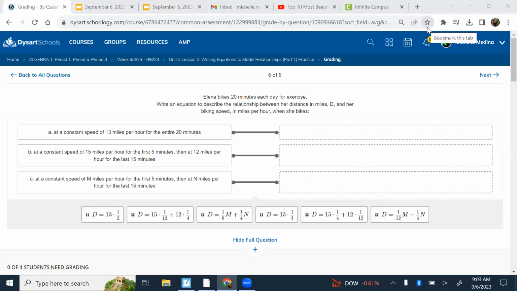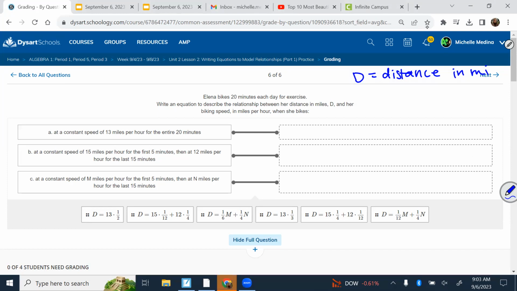All right, so we have Elena bikes 20 minutes each day for exercise, and we're writing an equation to describe the relationship between her distance in miles D and her biking speed in miles per hour when she bikes. So the variables it defines specifically are D, which is distance in miles, and then her biking speed, they didn't give us a variable.